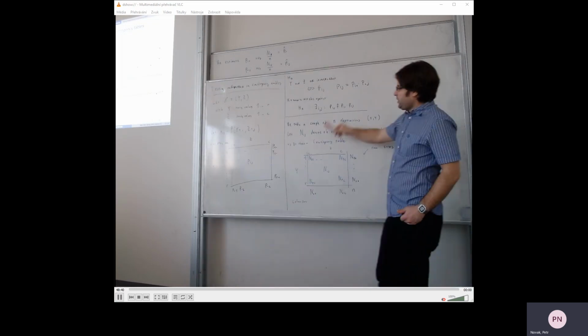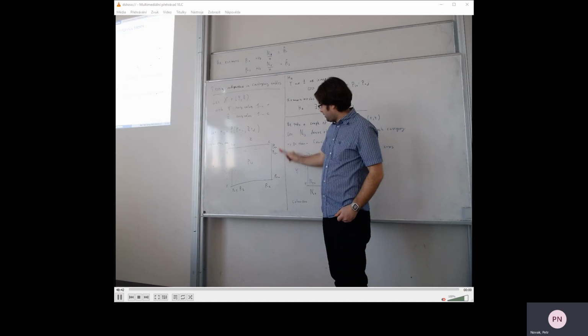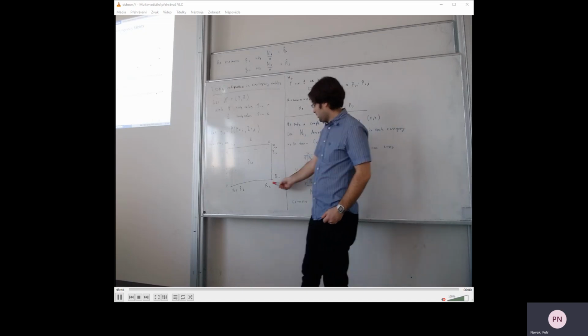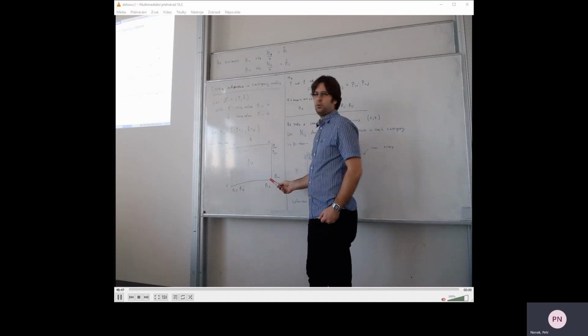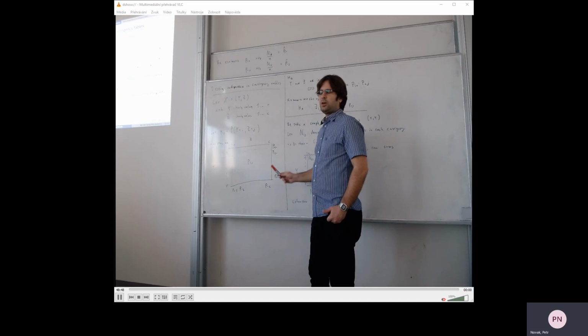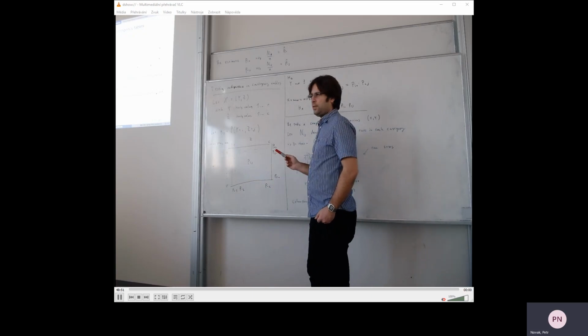This would mean that here we have r parameters to estimate, and here we have c parameters to estimate.